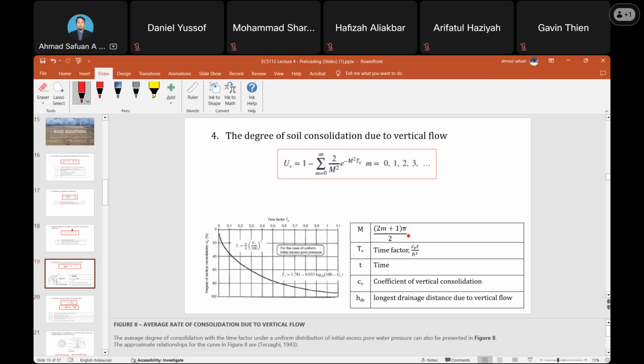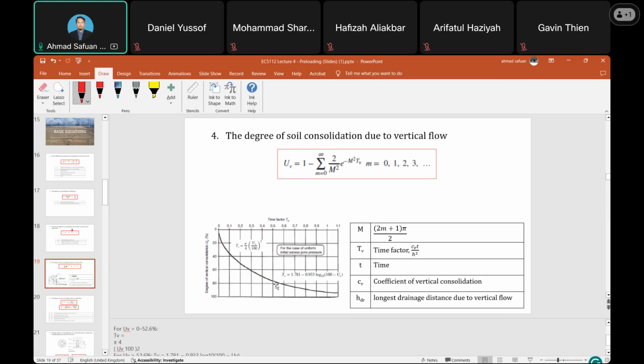So how to get the TV? We can also use this equation to relate with the UV. This TV is not a linear relationship, so it has two different equations based on the value of the time factor.